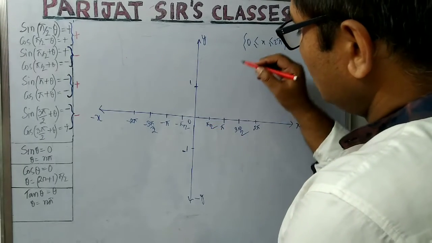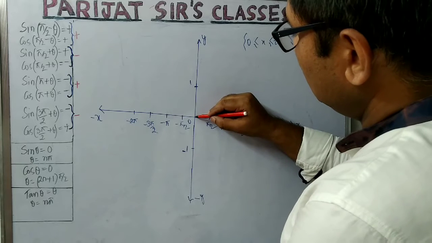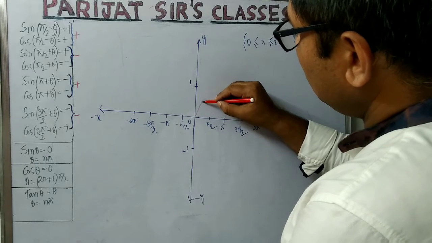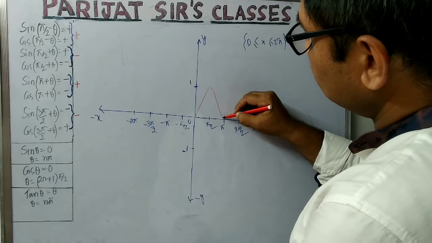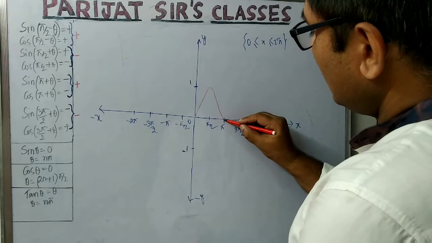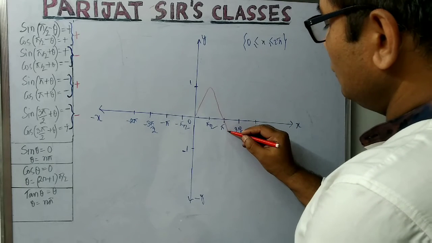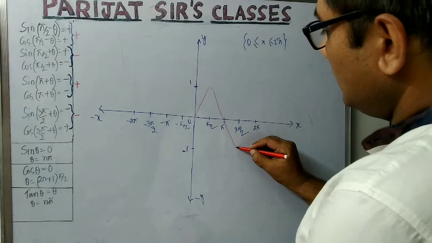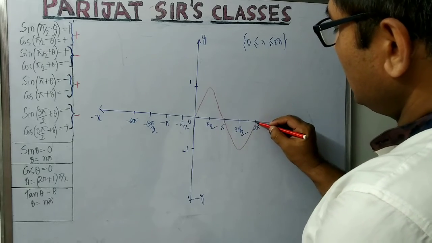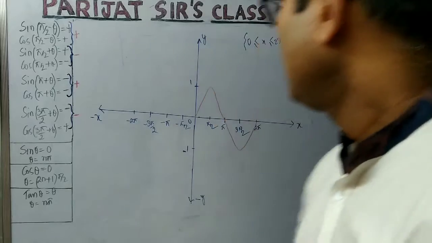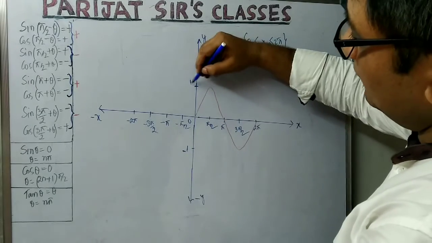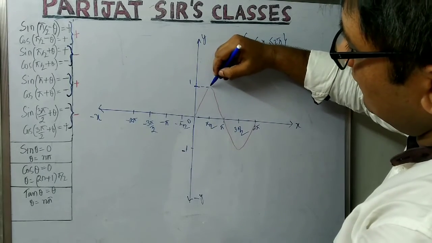At pi by 2, it will become the maximum, and at 3 pi by 2, it will become the minimum. And at 2 pi, it returns to 0.